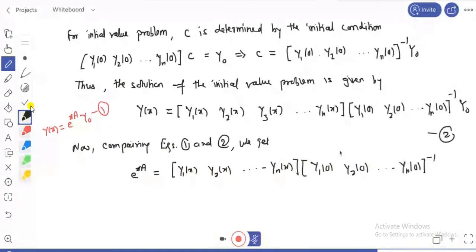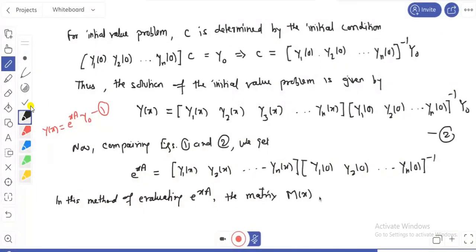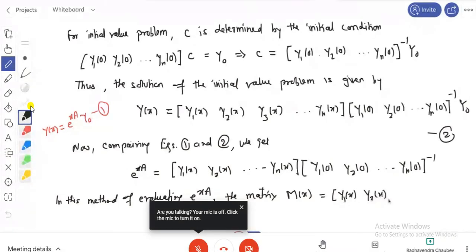If we call this matrix Mx, then in this method of evaluating this exponential matrix, we define the matrix Mx, and that matrix is y1x, y2x up to ynx.